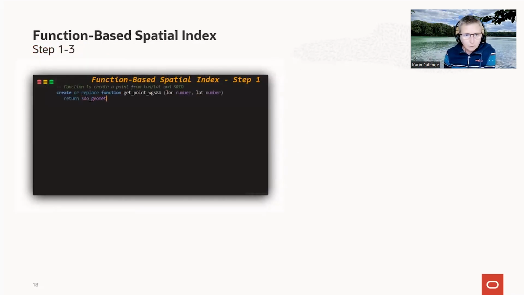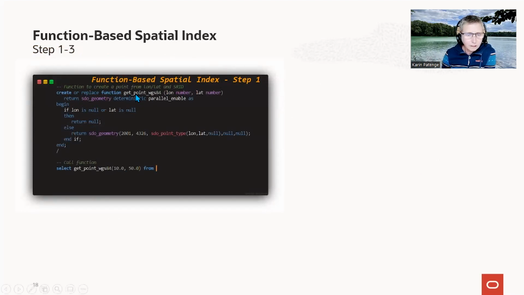So what you do first is you create the function, and here we have a function creating a point geometry with a specified coordinate system. It's WGS 84, which has the SRID 4326.